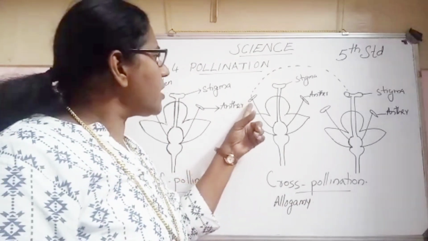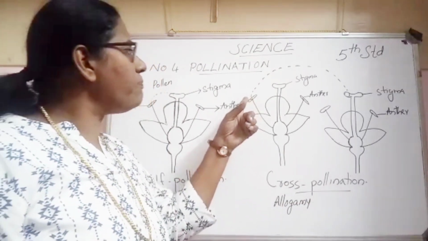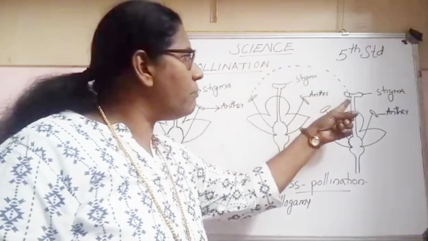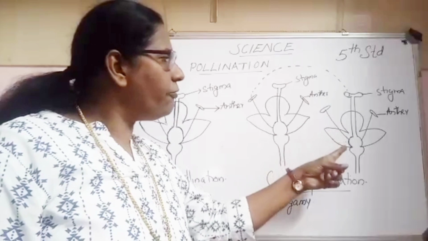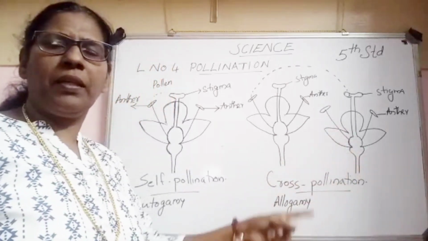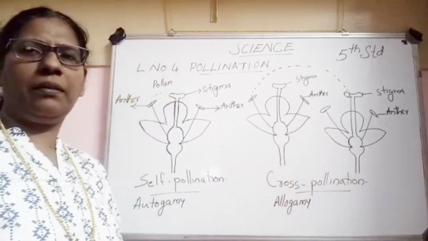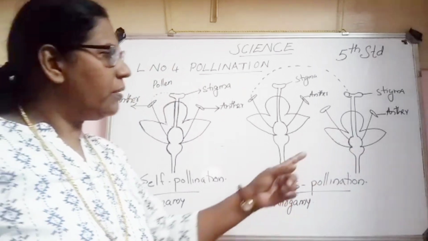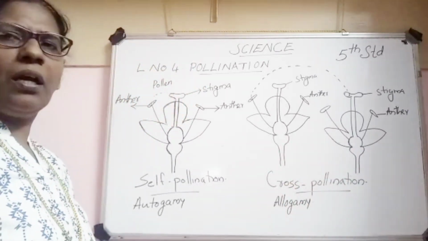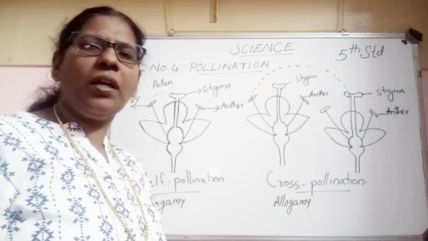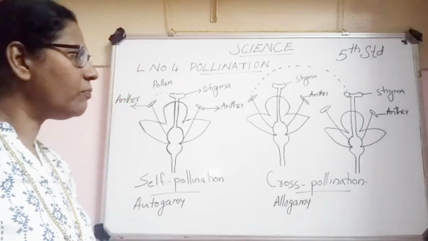The transfer of pollen grains from anther to the stigma of a different flower of a different plant of the same kind is called cross-pollination, otherwise called allogamy.